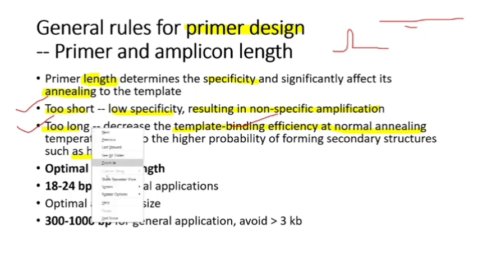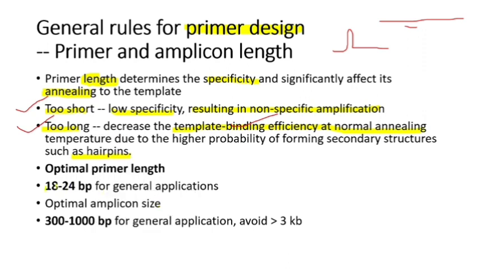So there should be an optimal primer length. The optimal primer length should be 18 to 24 base pair. And in PCR, the optimum amplicon size also should be around 300 to 1000 base pair. Avoid greater than 3 kb.